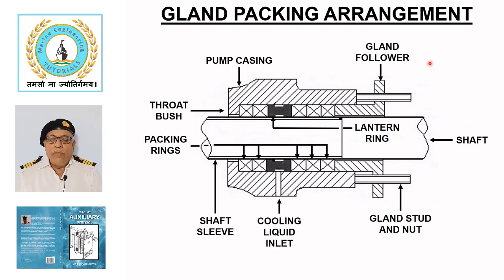Gland follower, tensioned by the studs and nuts, controls the outward leakage along the shaft. To prevent burning of the packing rings, slight leakage should be allowed. If leakage cannot be permitted due to corrosive or explosive nature of liquid, mechanical seal is used.